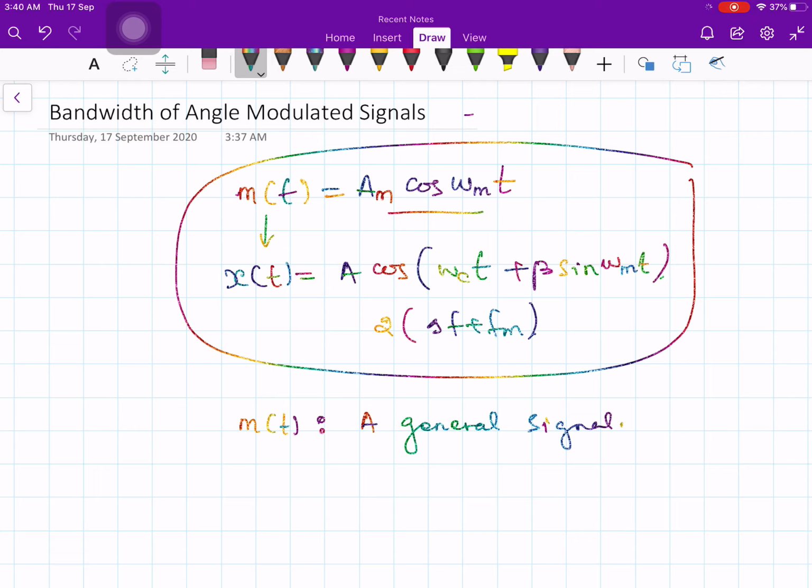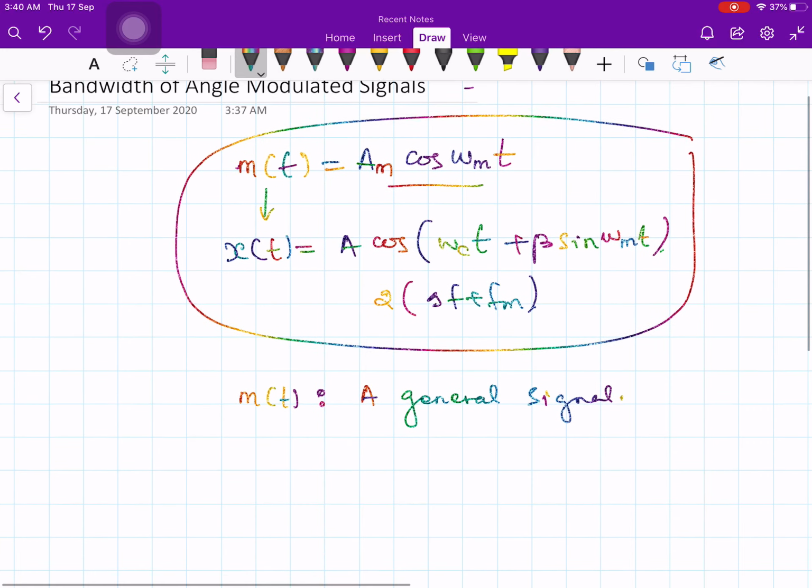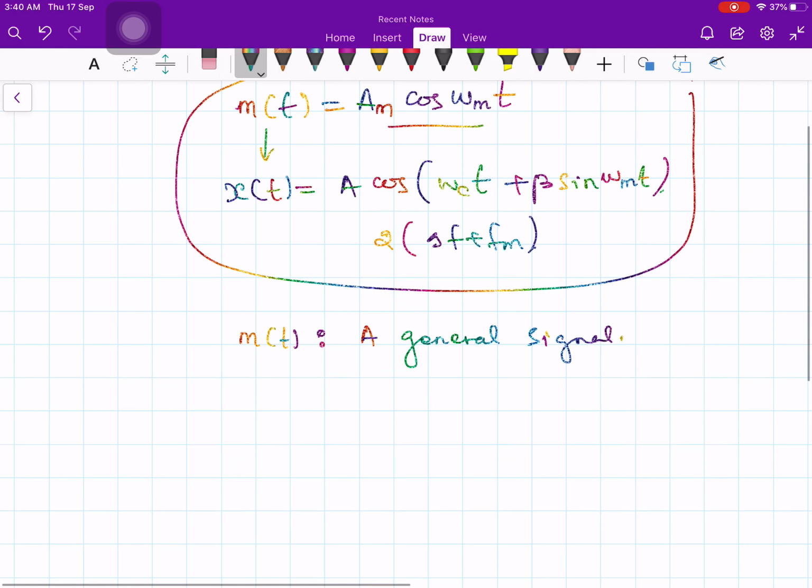We are considering, to start with, the FM.